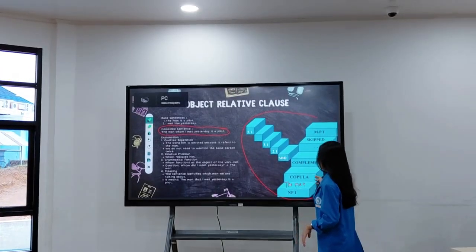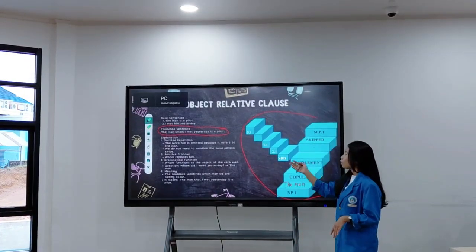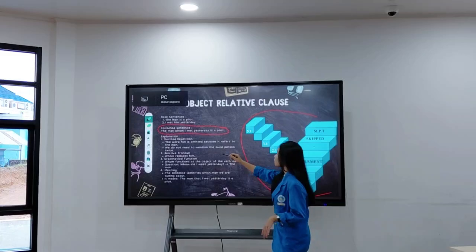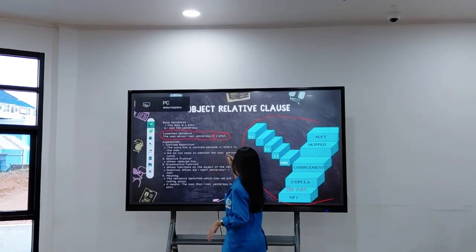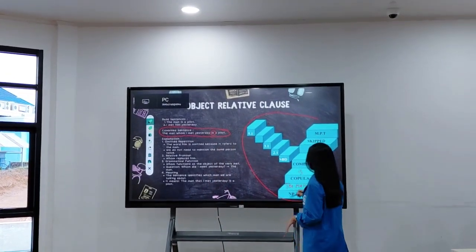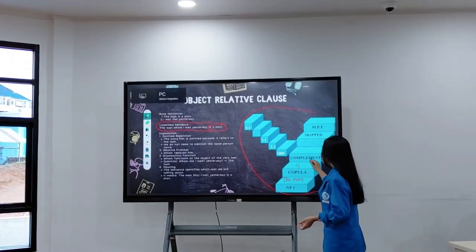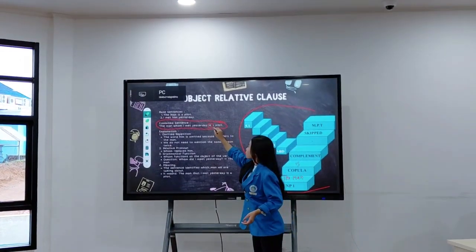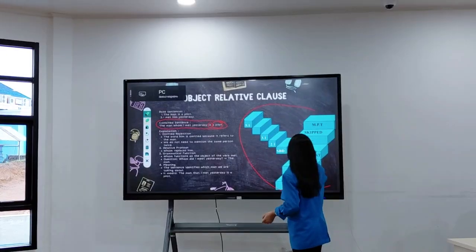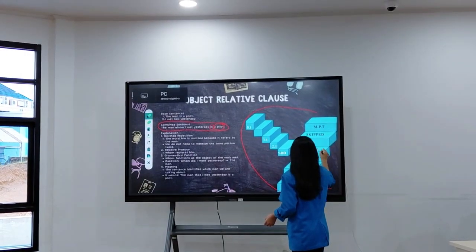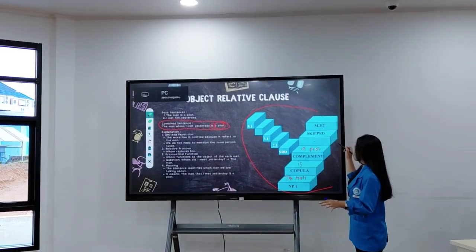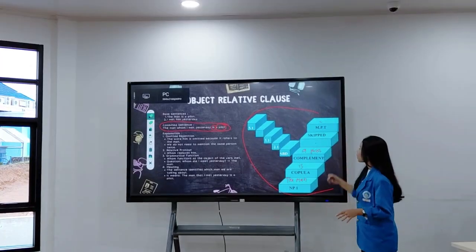And in stage 2, we use the copula is, because the copula is the main verb, for example, and the complement is a pilot. Because we don't have MBT, we just skip.